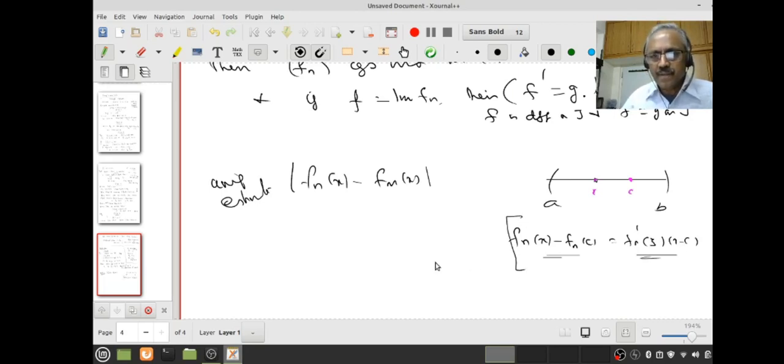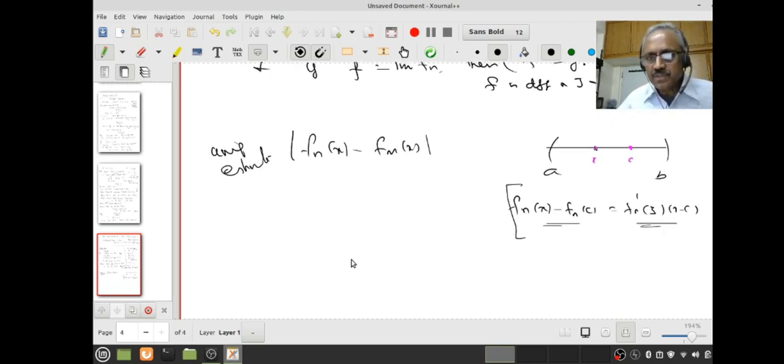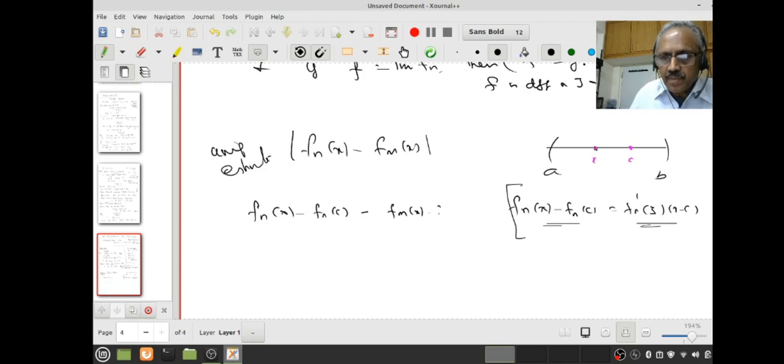Okay. Therefore, what I could do, notice this, there is a subtle argument here. So you may think I can use fn(x) minus fn(c), okay, and fm(x) minus fm(c) kind of thing. Why?